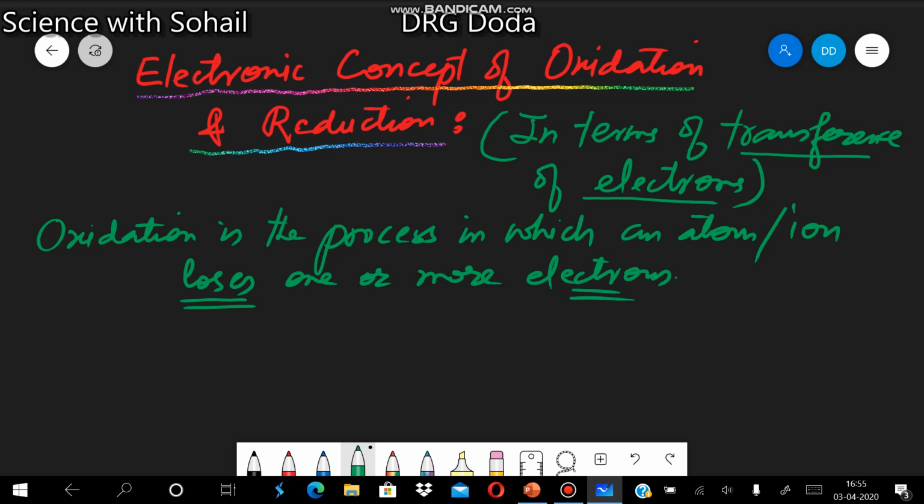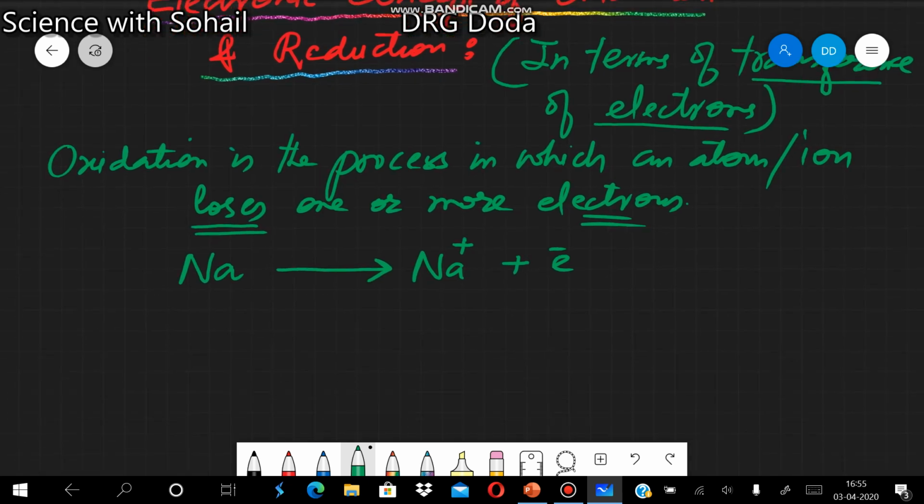For example, sodium forms sodium cation Na+ by losing an electron. So this is the process of oxidation.